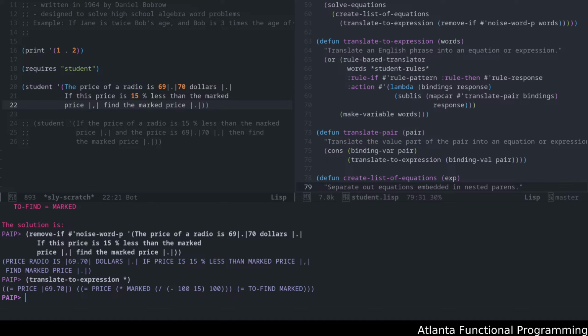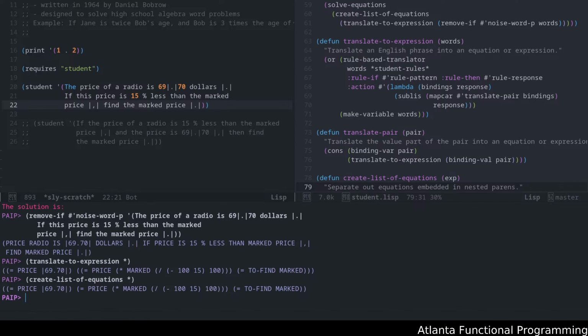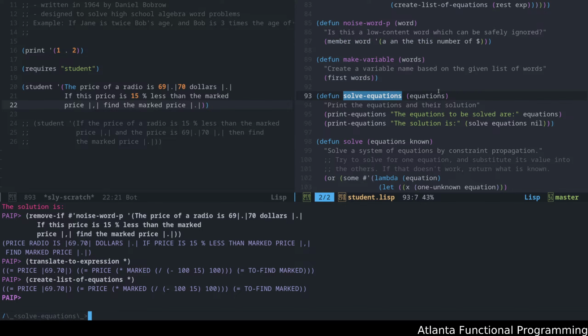Okay, this is already a list, isn't it? So if we do create-list-of-equations, what happens there? So this is the same list of equations. Okay, so in solve-equations, we're going to have to update how we're doing constraint propagation.